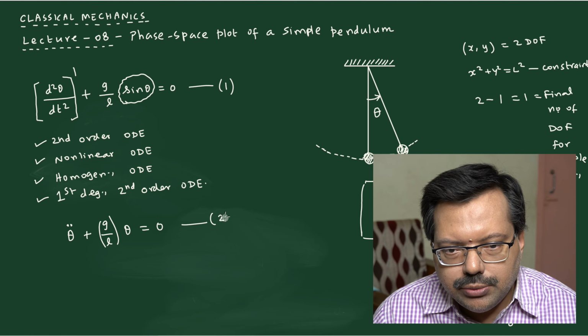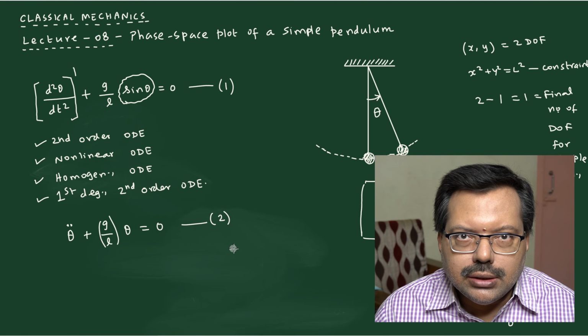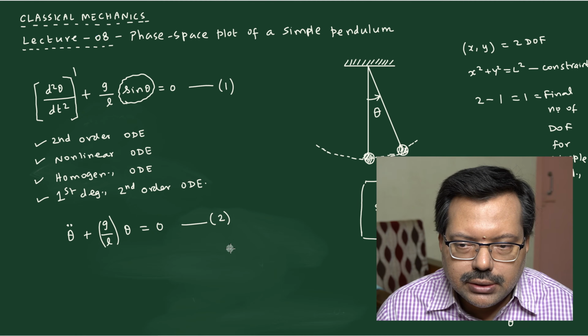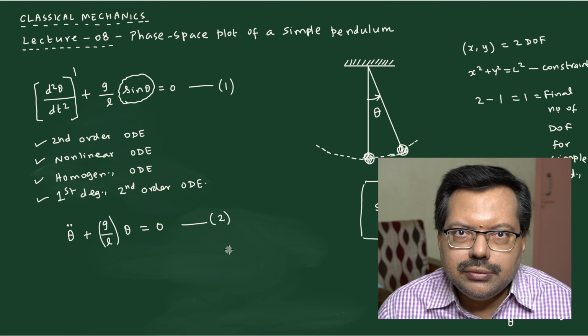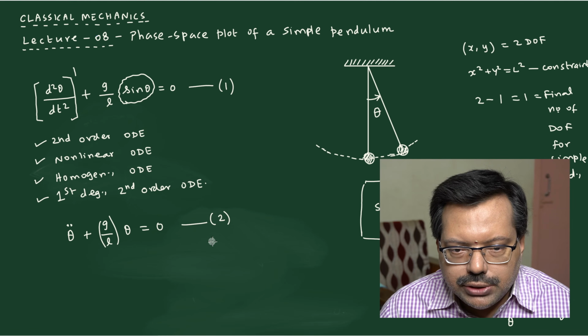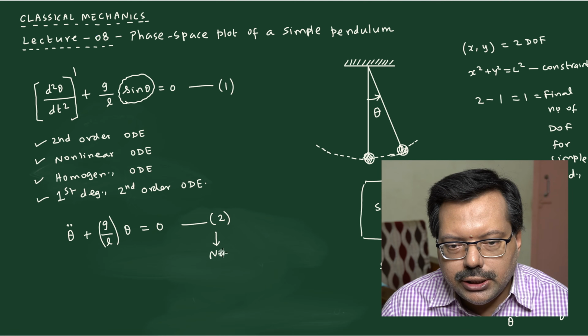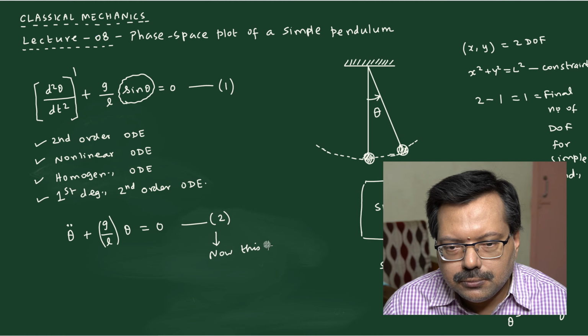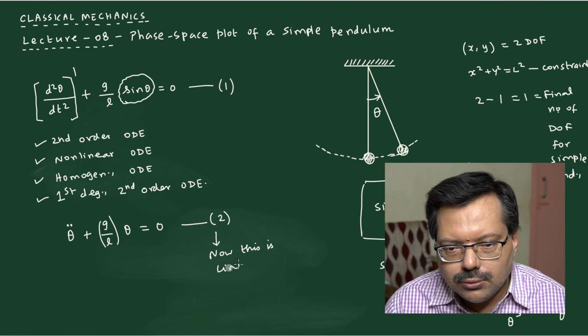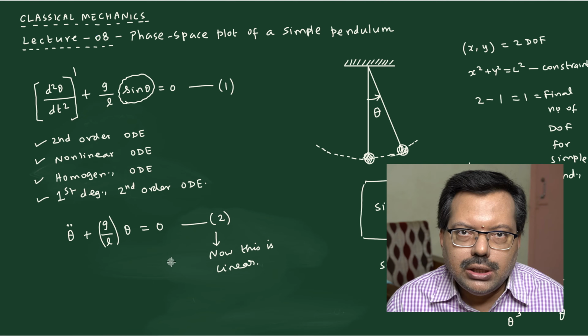So you get the second equation like this, which means that this kind of assumption makes your life simple, in the sense that equation 2 is now linear. So now this is linear. And therefore you can quickly get the solution.